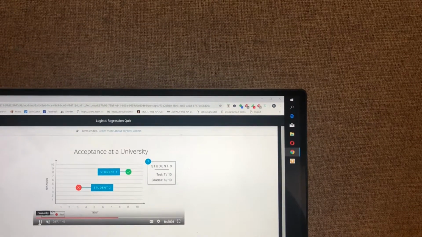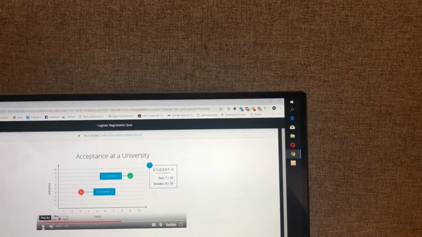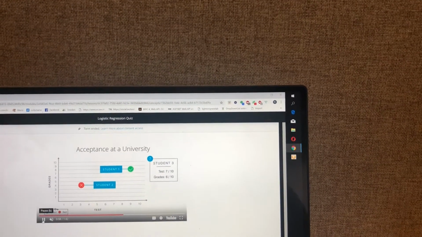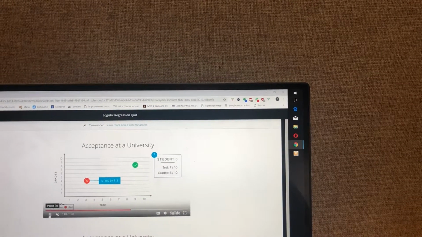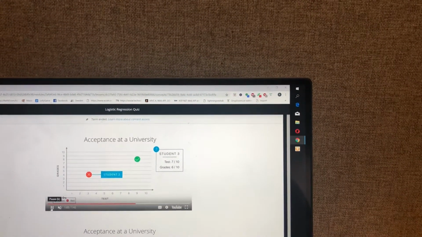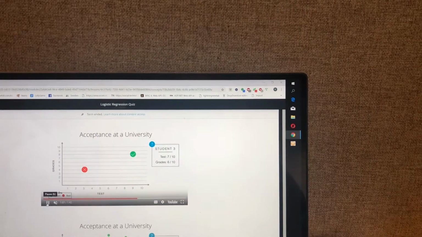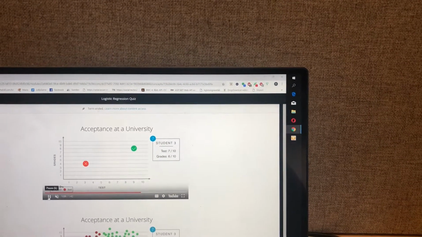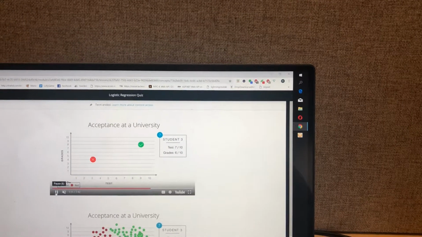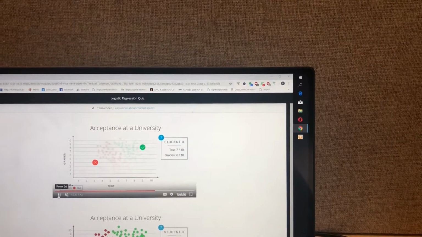So looking at both ends, if we plot all the data for the previously enrolled students, we can find where student 3 should really fit, whether it fits in the accepted or rejected.